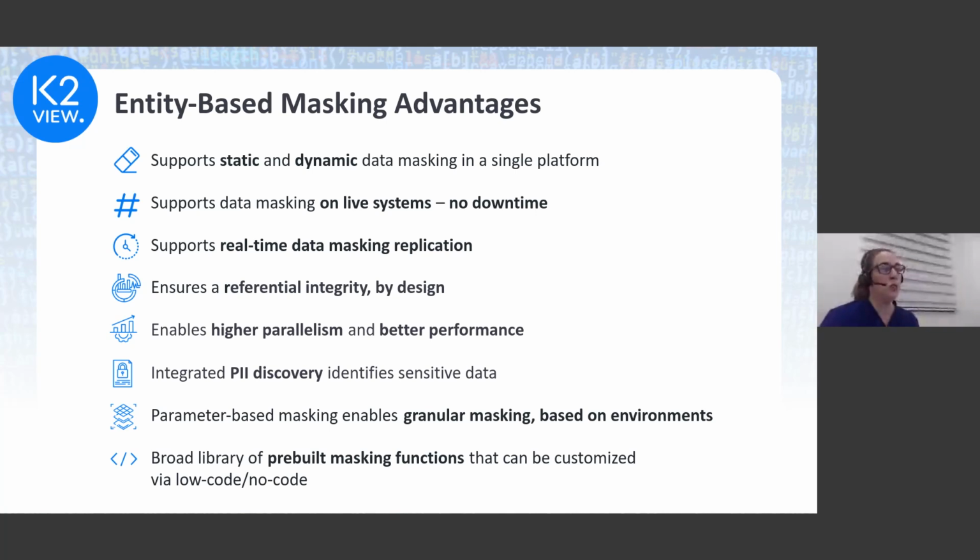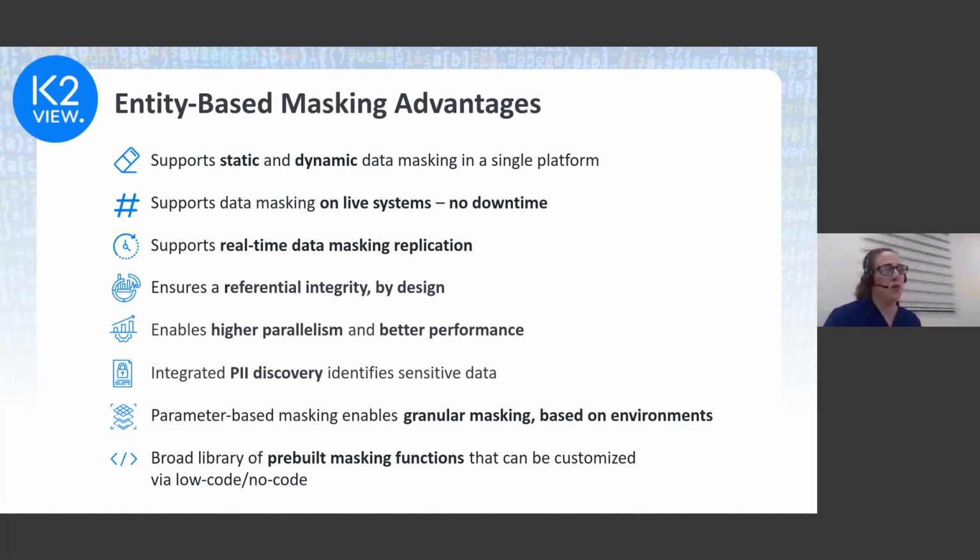We can also support real-time data masking replication. It means that when the source data changes for some reason, we can reflect this change and remask this new or updated data in the relevant target system.